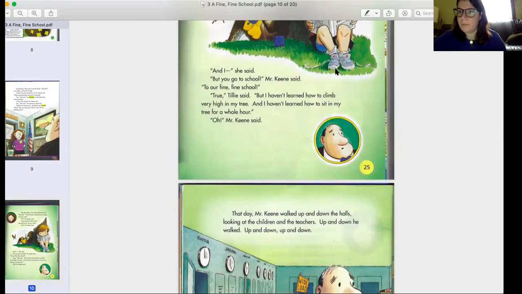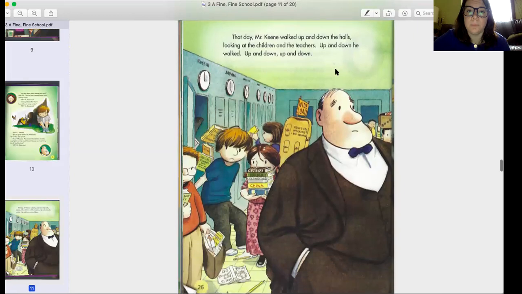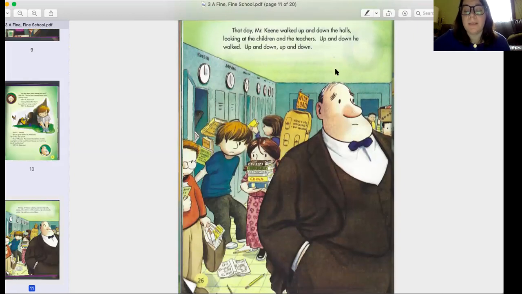"But you go to school," Mr. Keen said, "to our fine, fine school." "True," Tilly said, "but I haven't learned how to climb very high in my tree, and I haven't learned how to sit in my tree for a whole hour." "Oh," Mr. Keen said. That day, Mr. Keen walked up and down the halls, looking at the children and the teachers. Up and down he walked, up and down, up and down.